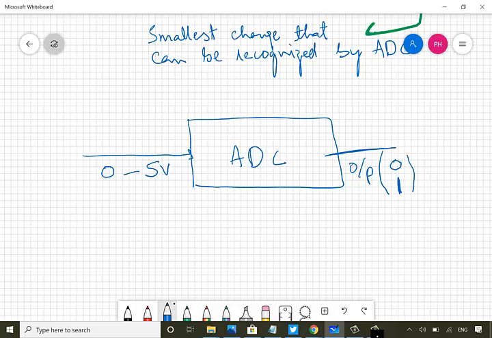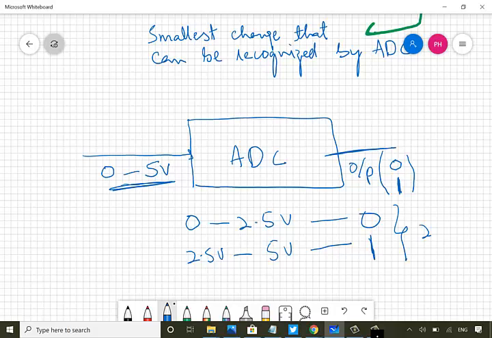That means ADC has to represent this input analog voltage as this 0 to 2.5 volts using one of the states, maybe 0, and 2.5 volts to 5 volts using another state, 1. So here the step size is 2.5 volts.